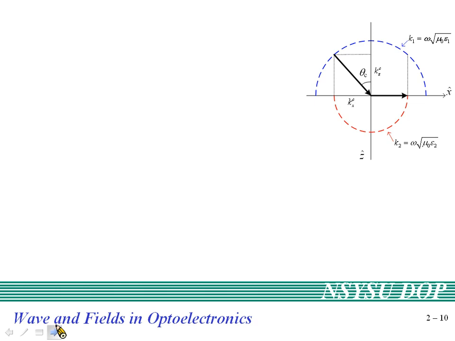And now we would like to know that as the incident angle θ1 is larger than the critical angle θc, we will have total internal reflection. And at the same time, what will be the wave properties of the transmitted wave?